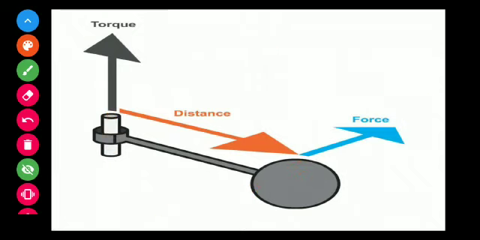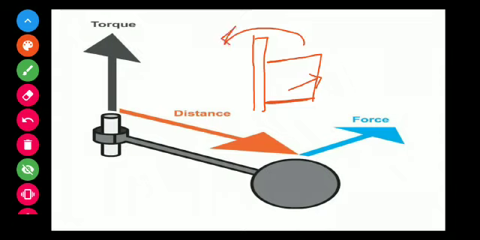We consider another example. For example, this is your door. When we apply a force in this direction, there is a turning effect. The door turns about a fixed axis.